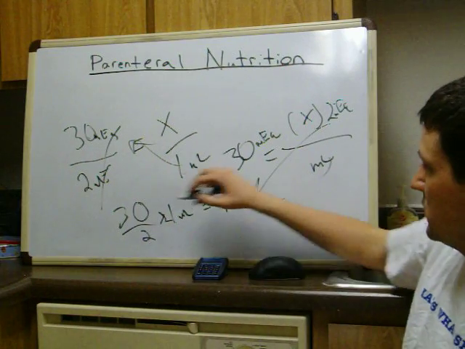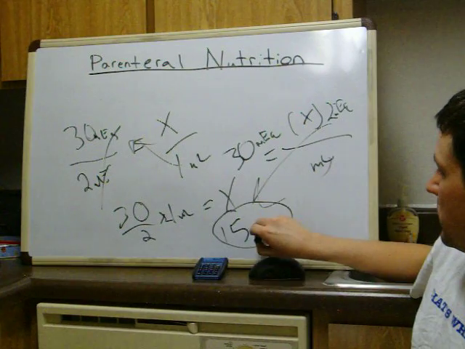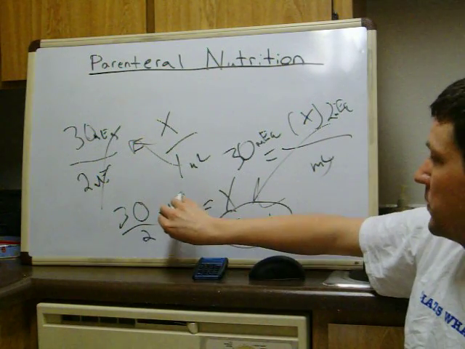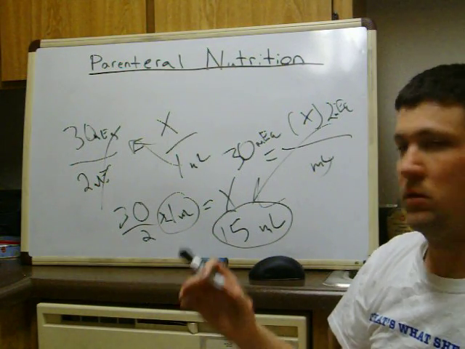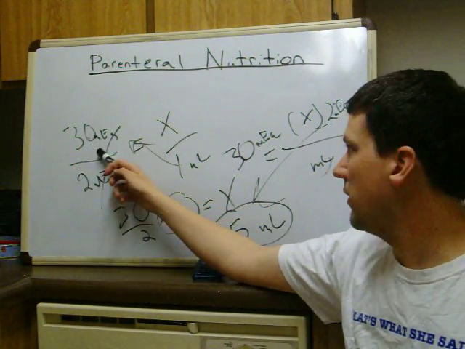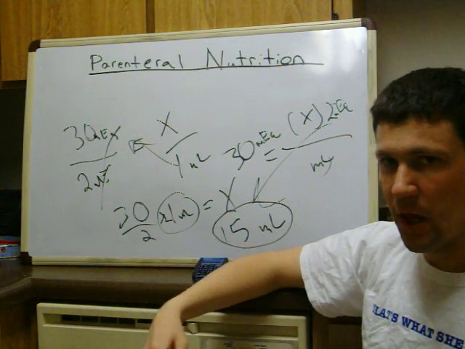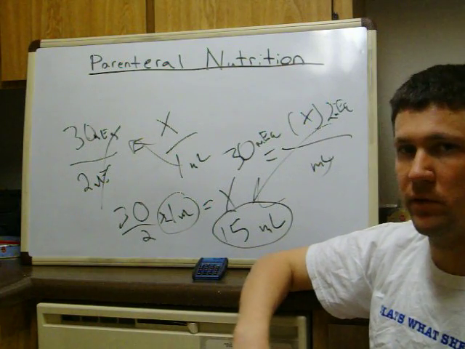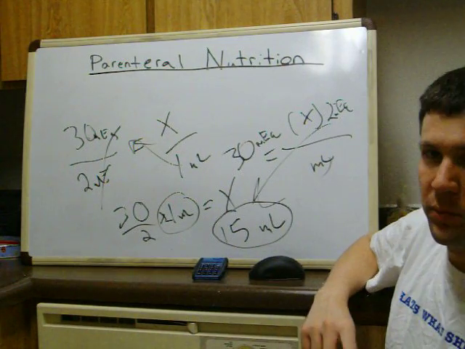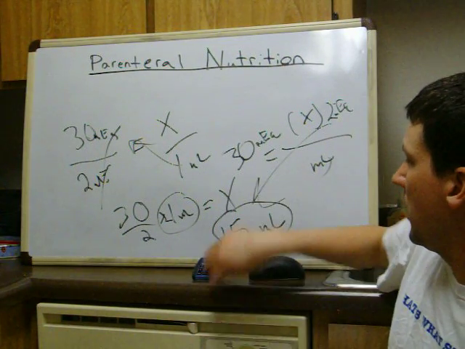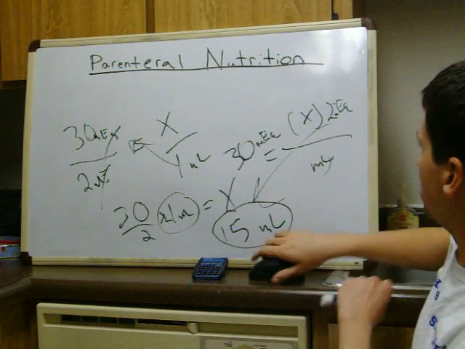So x in this case is 30 over 2, which is 15 milliliters, because our milliliter unit carries over. So again, the patient needs to receive 30 milliequivalents of potassium chloride. The bottle that we have is 2 milliequivalents per milliliter. We just set it up and then multiply and divide as needed. And so the patient should receive 15 milliliters of that solution.